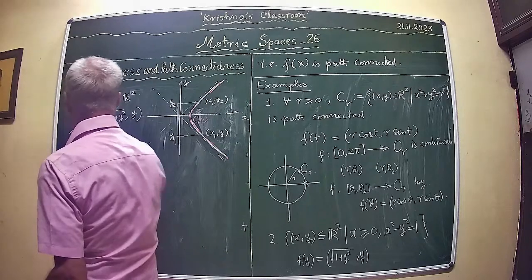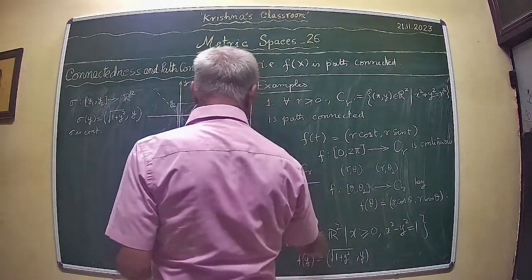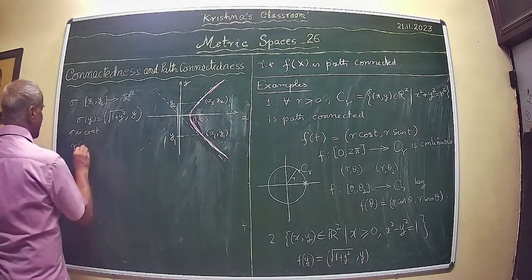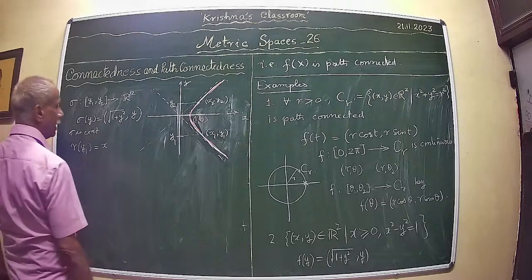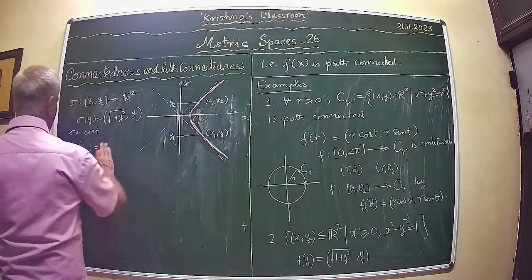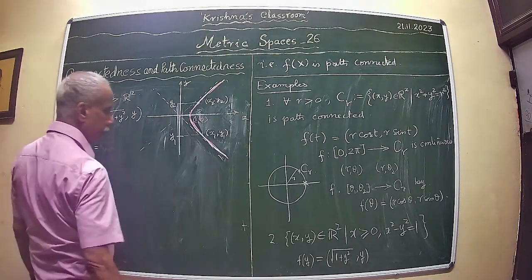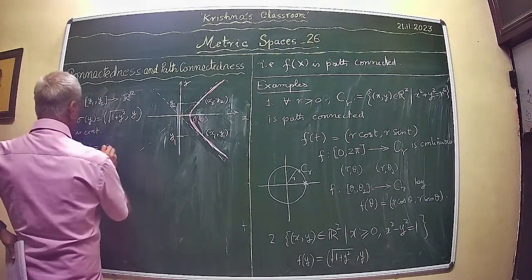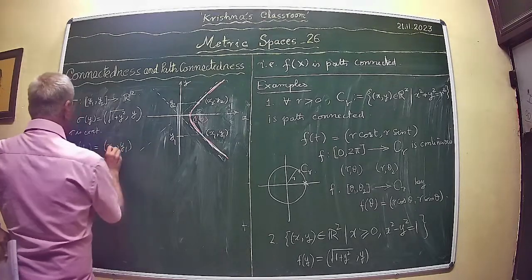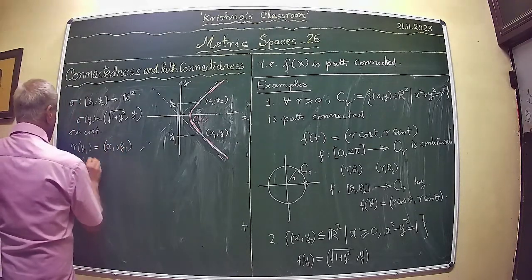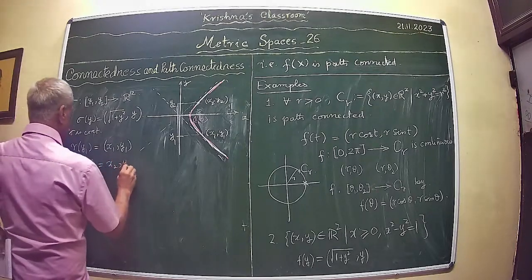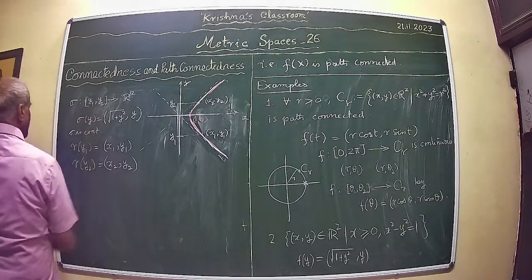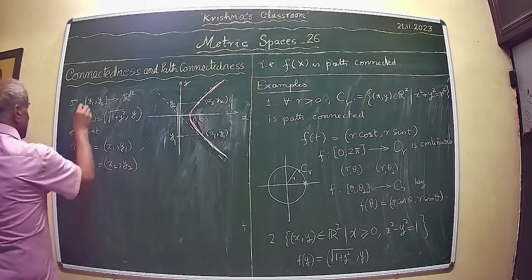That is, from y1 to y2, sigma is continuous, and one can show that gamma of y1 equal to the root of, or what you call (x1, y1), and gamma of y2 is (x2, y2). It's quite easy to show. Now you define a linear map tau.